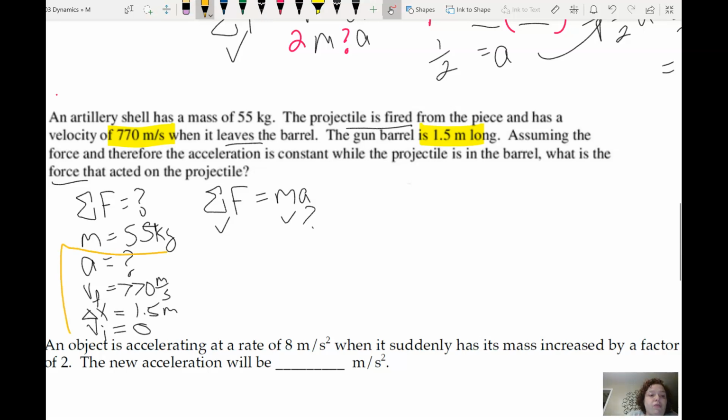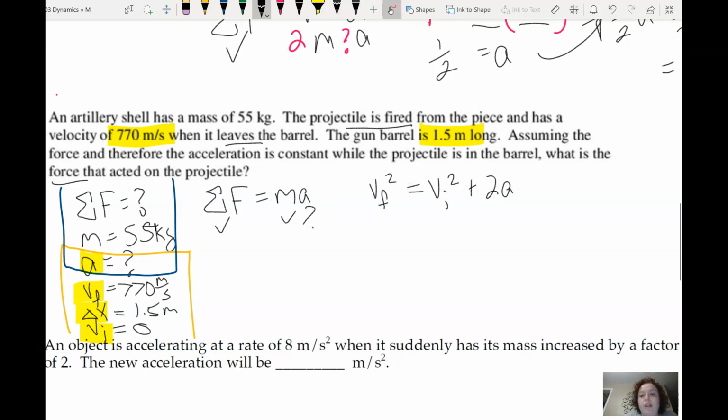So now we have two problems. First our kinematics problem, and then our force problem. Based on the variables that I have, acceleration, final velocity, delta x, and initial velocity, the equation I'm going to use is final velocity squared is equal to initial velocity squared plus 2 times acceleration times delta x. The initial velocity term goes away. So final velocity squared divided by 2 times delta x is equal to a.